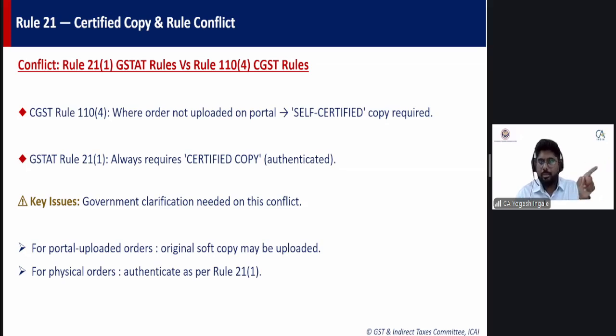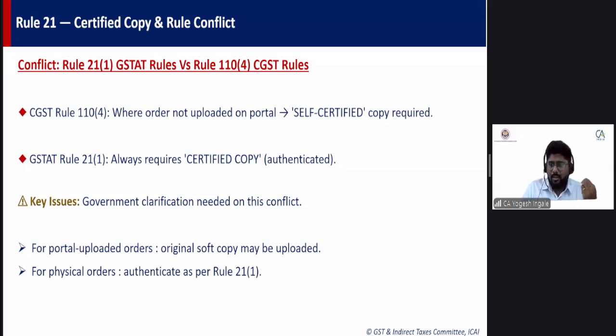So, self-certified copy, certified copy, certified copy as a true copy, different terminologies. And then Rule 21 says a certified copy is mandatory, irrespective of whether the order is uploaded on the GST portal or not. So this is the conflict between these rules.